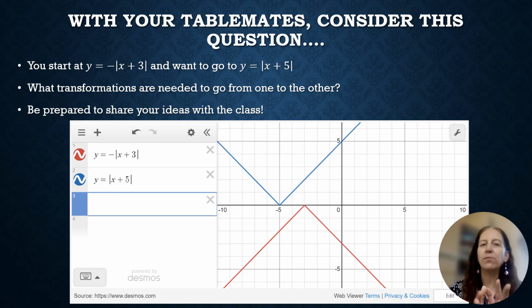What makes this one different is that you're not starting with the parent function. You're actually starting at one spot and you want to move over to some other spot. What transformations are needed to go from one to the other? Be prepared to share your ideas with the class. If you're doing this from home, I want you to pause the video. You can open up Desmos, do whatever you need to do, and try to figure out the answer to this question, and then unpause the video and I will go over it.